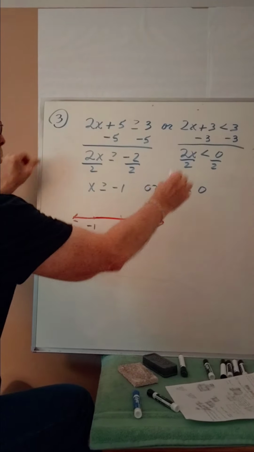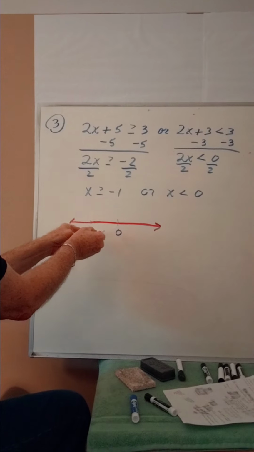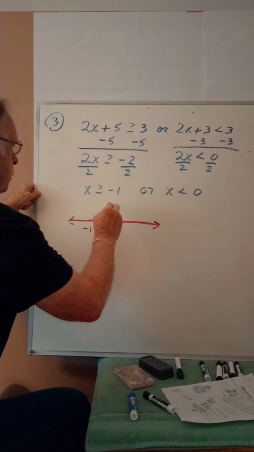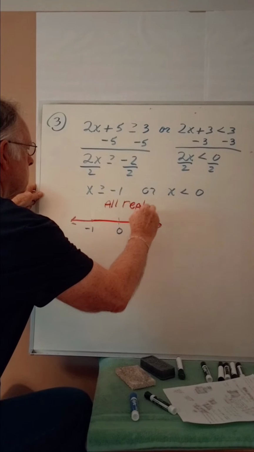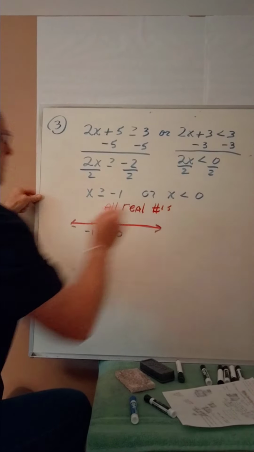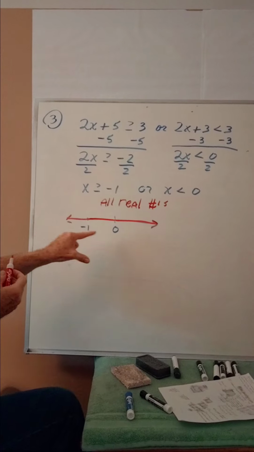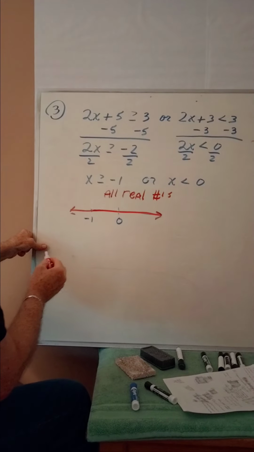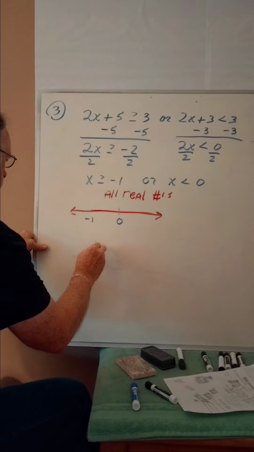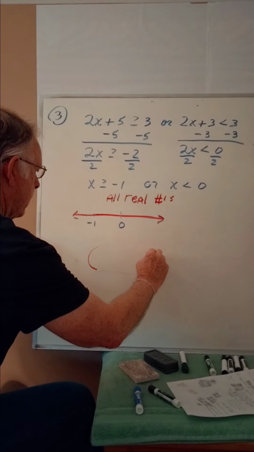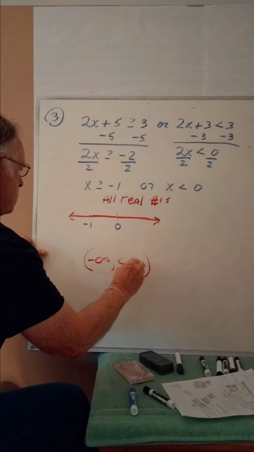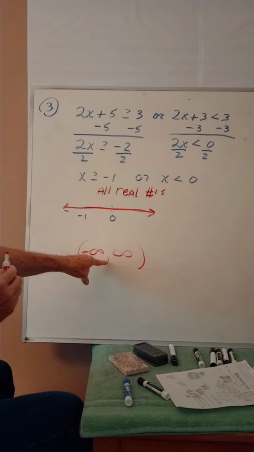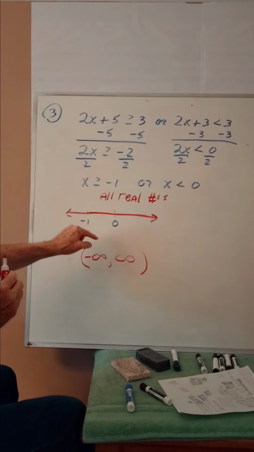And actually, the more simplified way of writing your solution is not so much that. That's what we got when we solved it. But now that the graph is there, the solution is really all real numbers, and to show all real numbers in interval notation, it ends with a parenthesis. It's negative infinity, comma, positive infinity. We'll need that, and we'll need the graph.